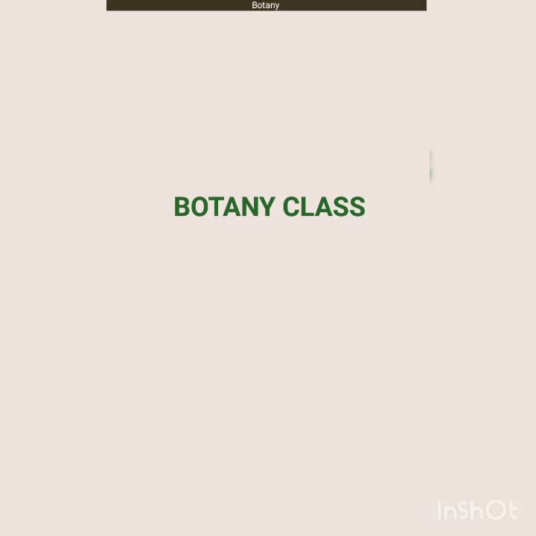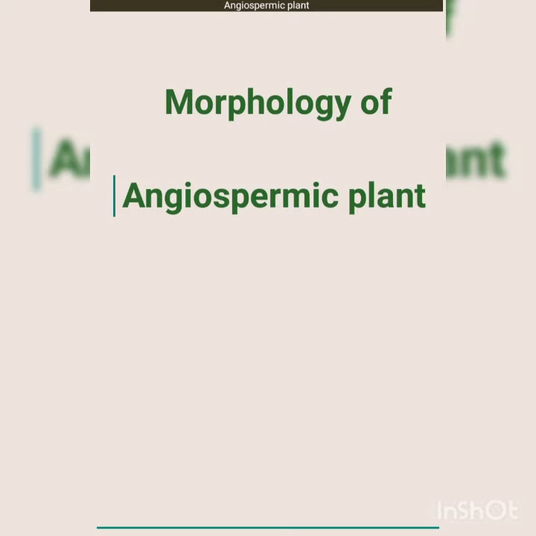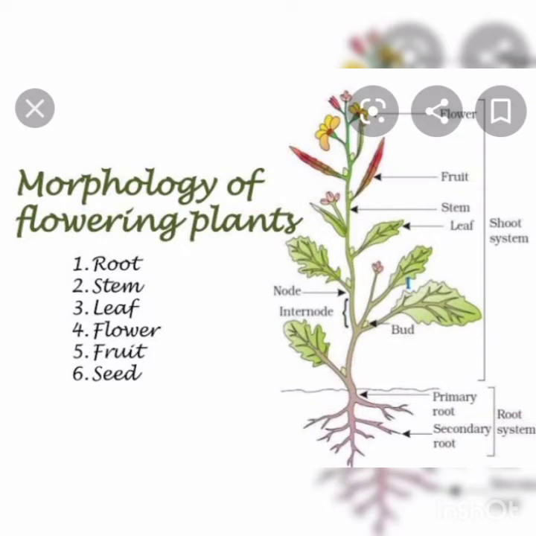Today we will discuss the morphology of a typical angiospermic plant. As we know, in the plant kingdom, angiosperms are in the highest position. The root system and shoot system are well developed in angiospermic plants.